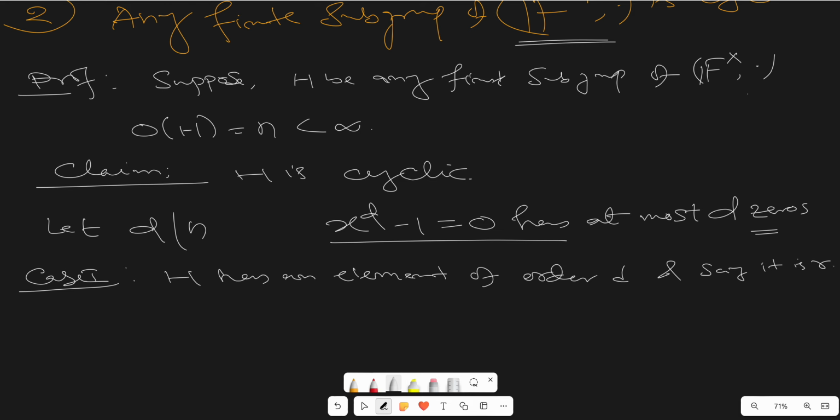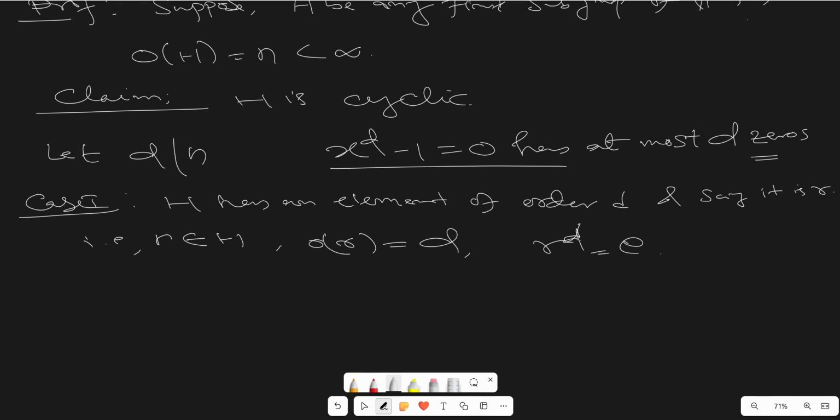That means r is an element of H and the order of r is d, which means r to the power d is identity. Okay, are you getting my point? So what will be the order of the subgroup generated by r?